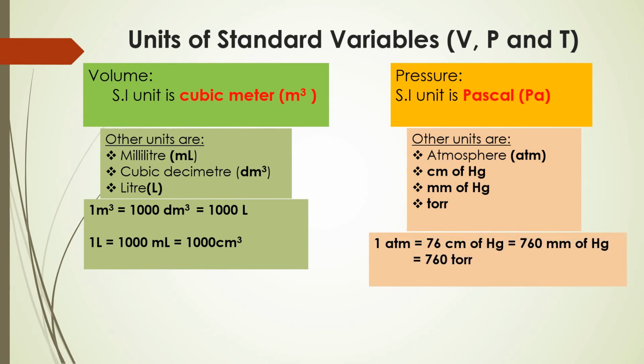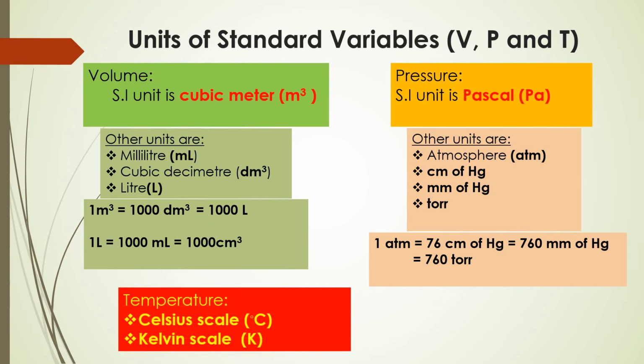Now, 1 atmosphere is equivalent to 76 centimeter of mercury or 760 millimeter of mercury, which is also equivalent to 760 torr. So I want you to remember or learn this relation of different units of pressure also, so that we can solve numericals later.